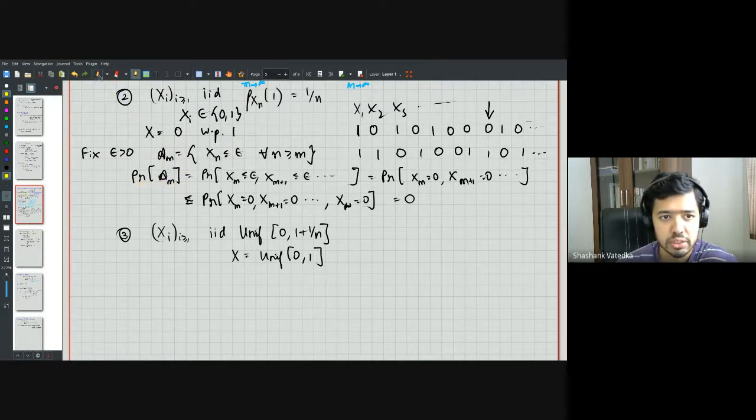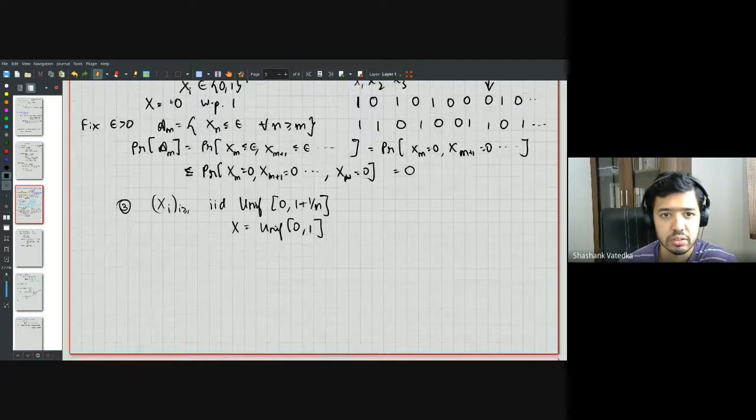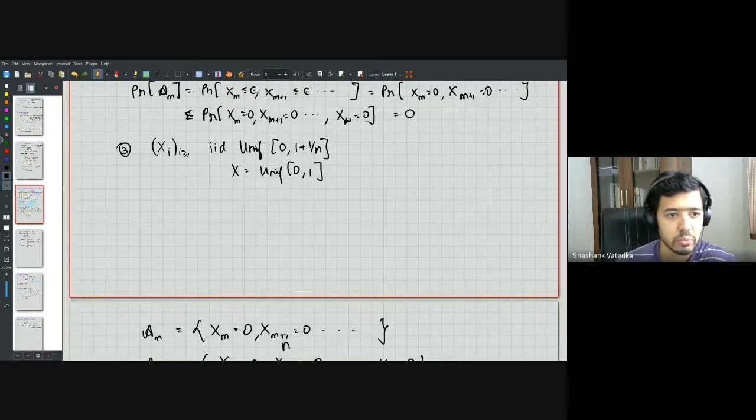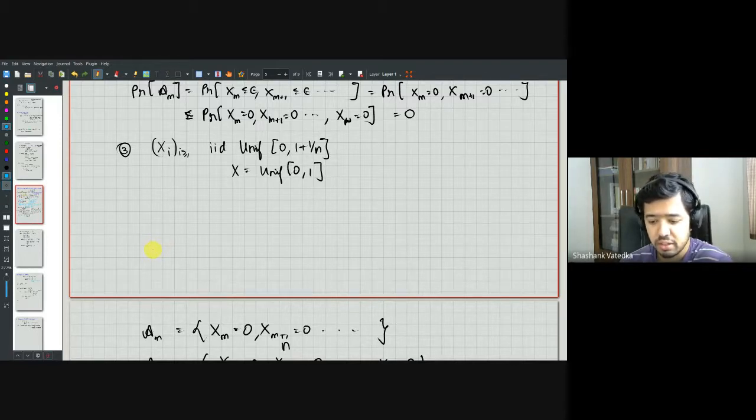So generally, not just in this problem, when you want to check whether a sequence of random variables converges almost surely, here is a sufficient condition. It's not necessary, but if you look at the events, let me call them Bn.